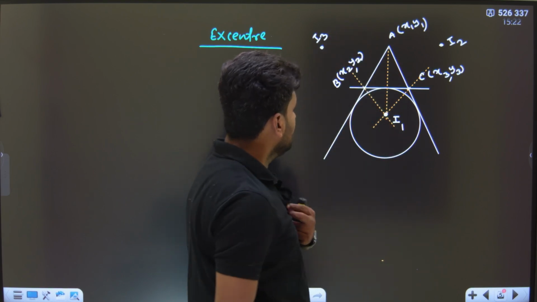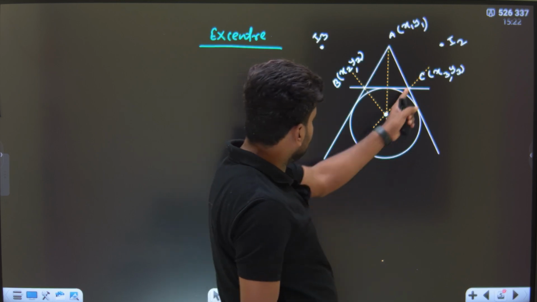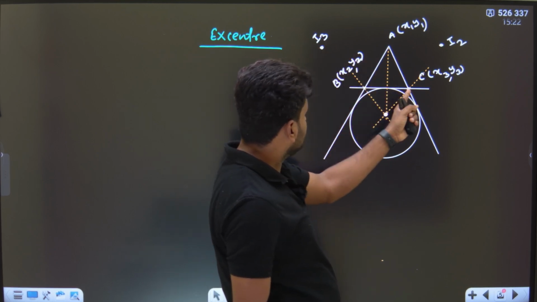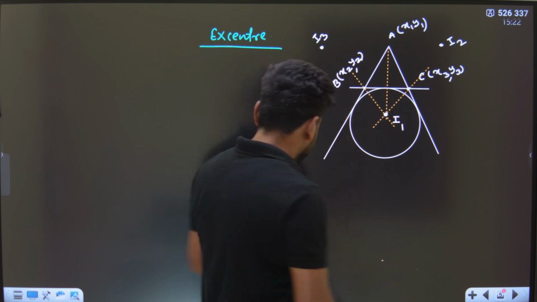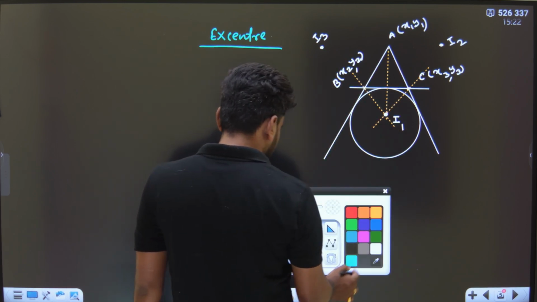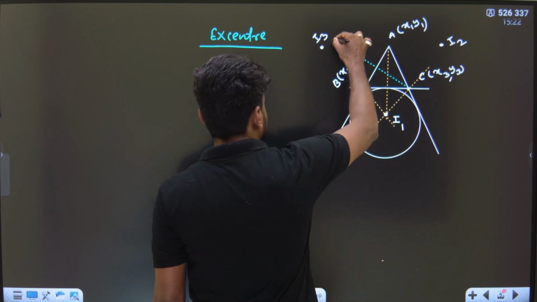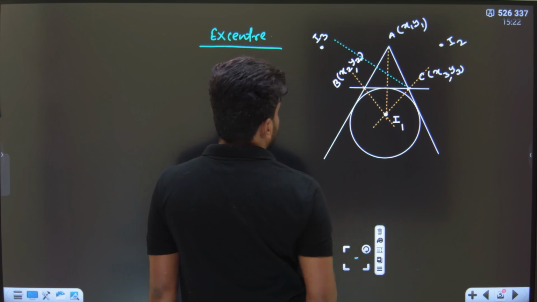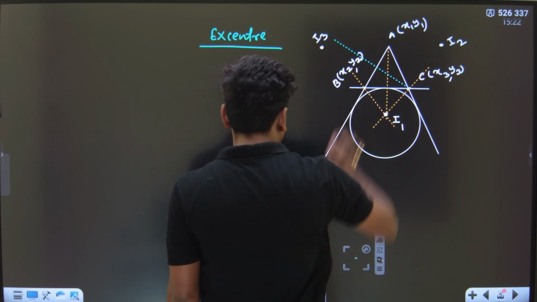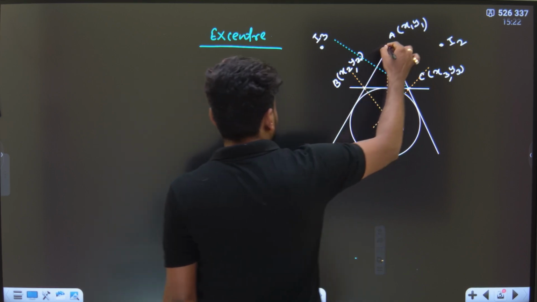You can say that if I take this angle, which angle? I want to take angle C. This is our internal, and take two external.